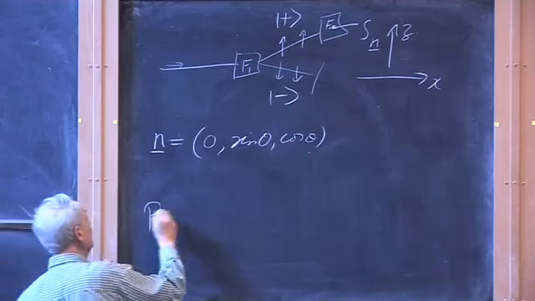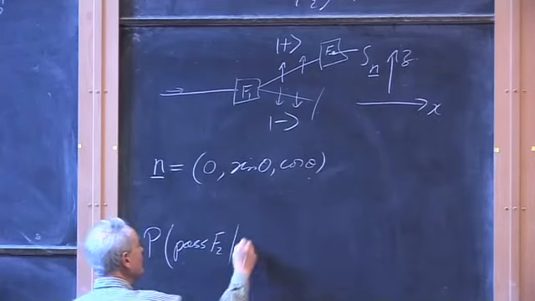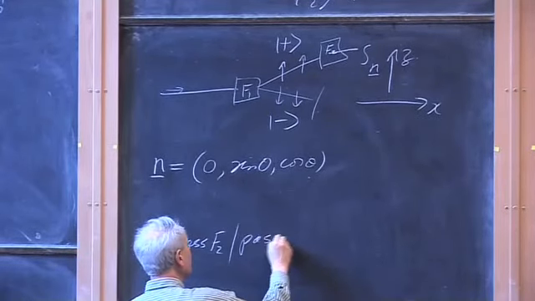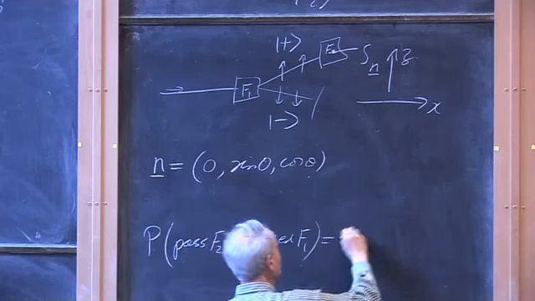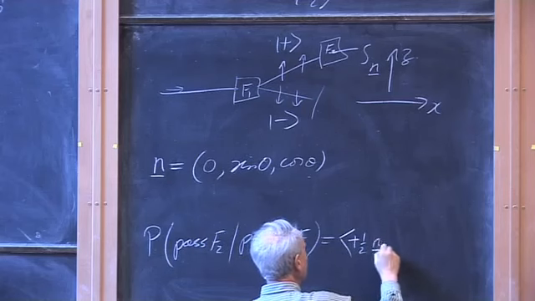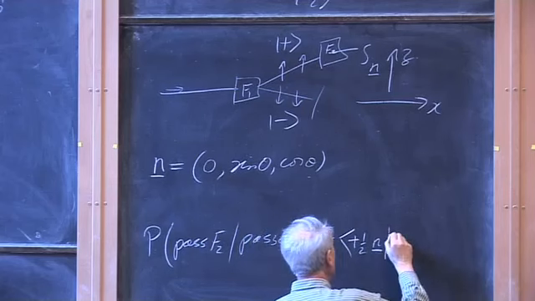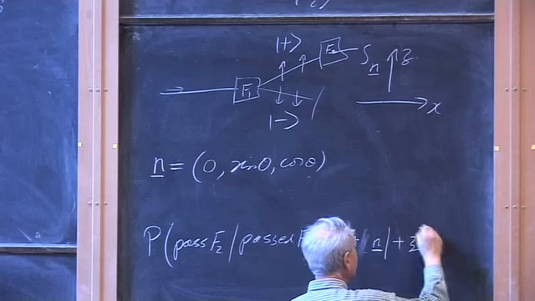So the probability that you pass F2, given that you passed F1, in quantum mechanical language, is plus a half on n, given that you were plus on z.